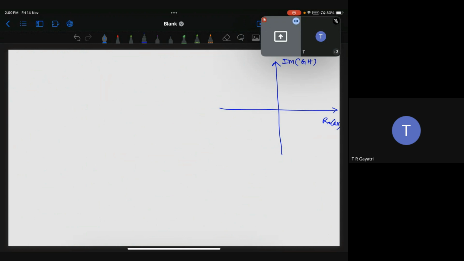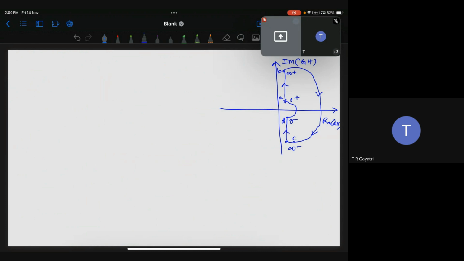We start at point A, that means 0 plus, and go till infinity plus, which is B. Then go to infinity minus, this is C. Then come to D, this is 0 minus, and reach 0 plus. This is how the transition looks.